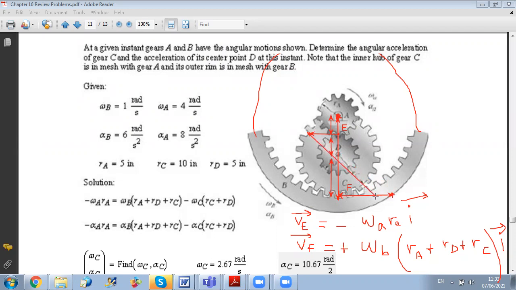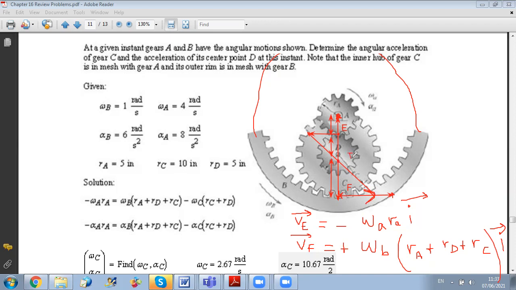It depends on the value of VF. So let's say vector VF is like this. It depends on the values, so we should draw them to scale to know exactly where the IC is. Let's say VF is until here, and the IC is at this level.